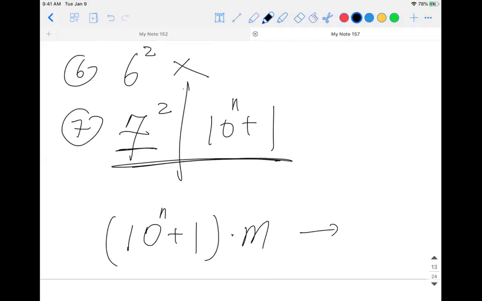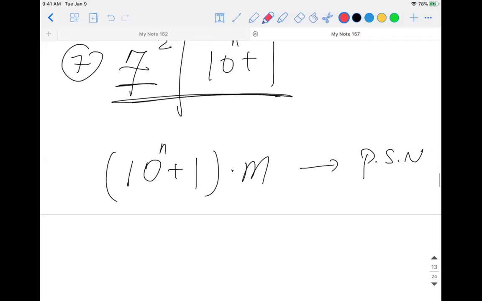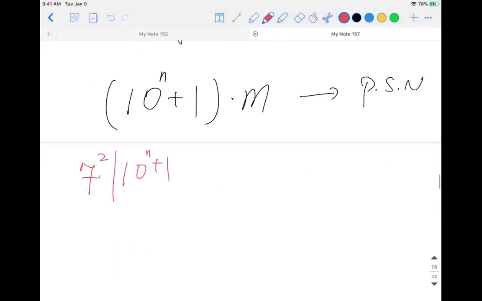If, for some reason, I can make sure this is a multiple of 7 square, then what I have to do is just let m equal 10 to the power of n plus 1 divided by 7 square.